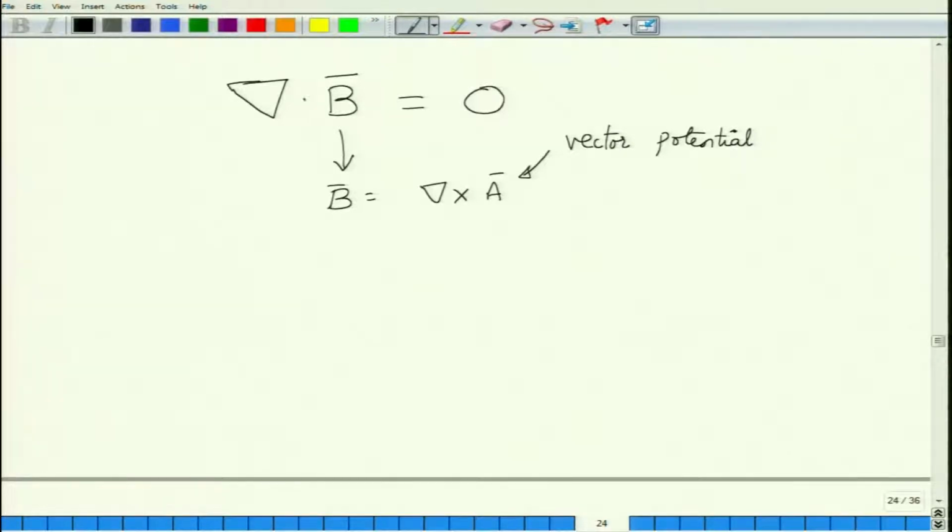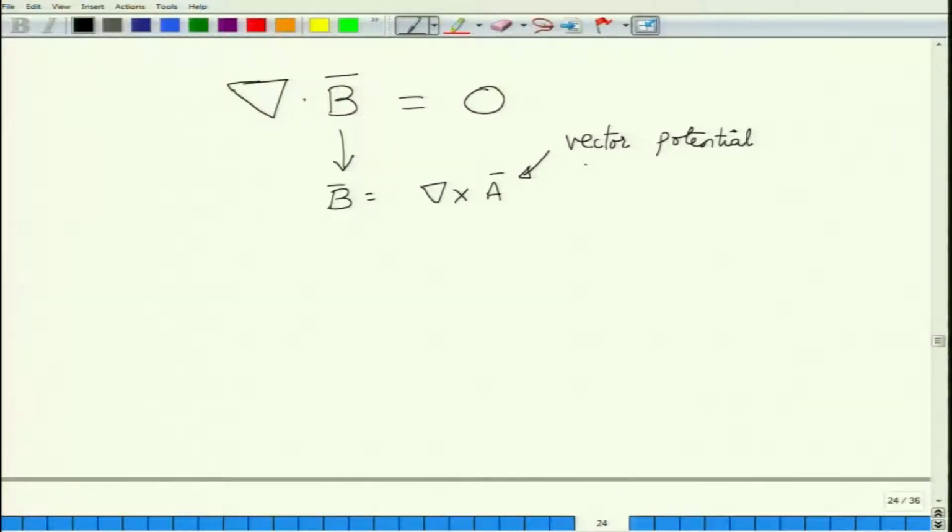In certain cases, in the region where there are no charges, you can also define an electric vector potential, but that is not of much use to us, so we won't really do that one. So this vector potential is by default usually associated with the magnetic flux density or the magnetic field H itself.